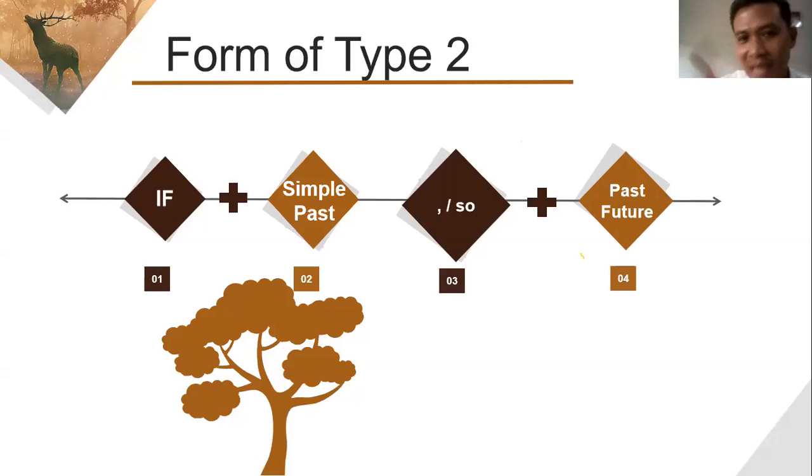or the result clause, how do we construct the sentence in the result clause? Using past, future, past; future will become would. For example, I am having problem with my belly now. Why? Because I did not have my breakfast today.